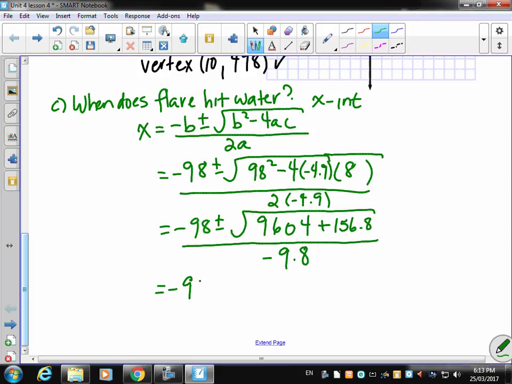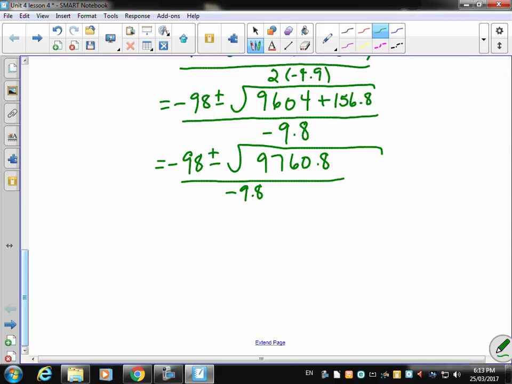All right. Negative 98, add or subtract the square root of 156.8 and 9,604, which is 9,760.8, over negative 9.8. Almost there. The square root of that number is 98.796. Okay.